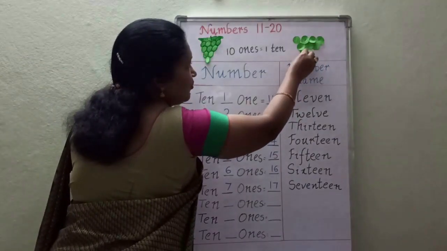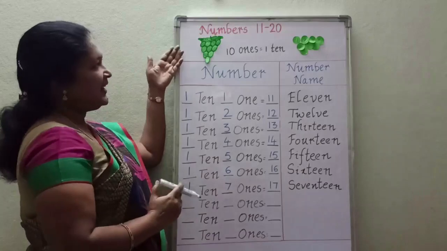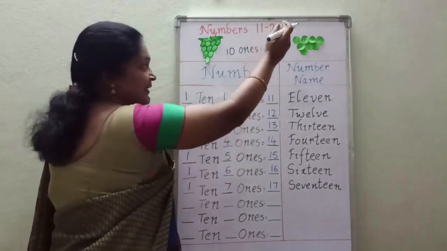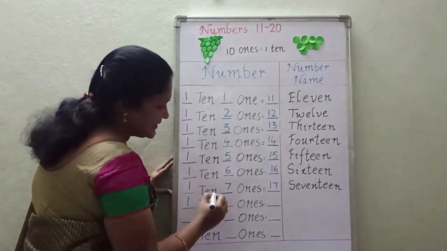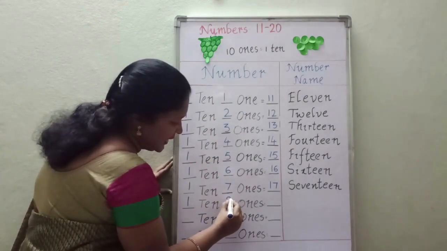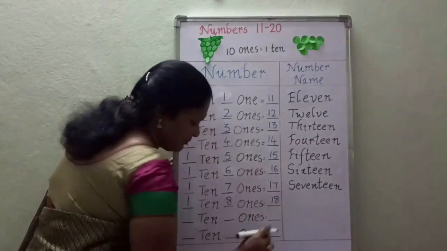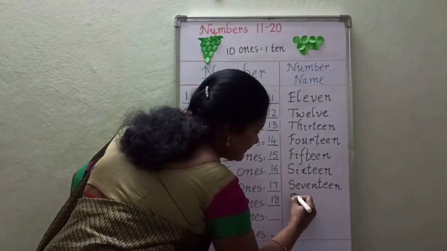And now one more. So now here how many tens are there? 1 ten and 8 ones. So here write down 1 ten, 8 ones. So it becomes 18 number. And what is the spelling of 18, children?